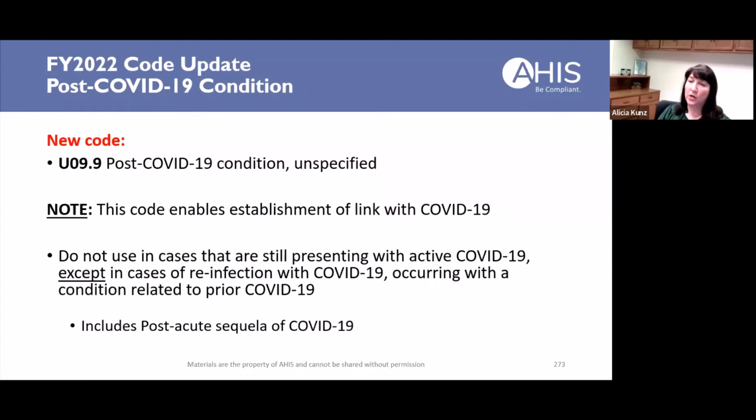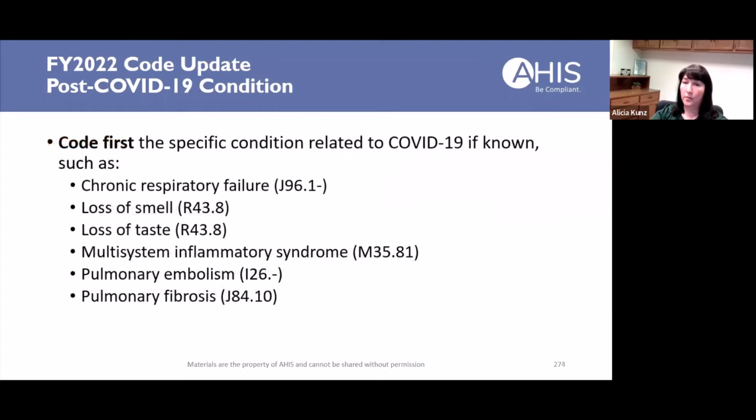We have a new code for 2022, U09.9 for post-COVID-19 condition. This is to establish a link between COVID-19 and some sort of post-COVID-19 sequela. If they have respiratory failure or something along those lines due to COVID, you would code whatever the condition is, followed by this U09.9 code. So again, code first the specific condition.